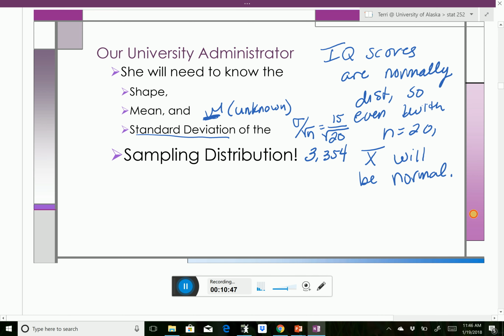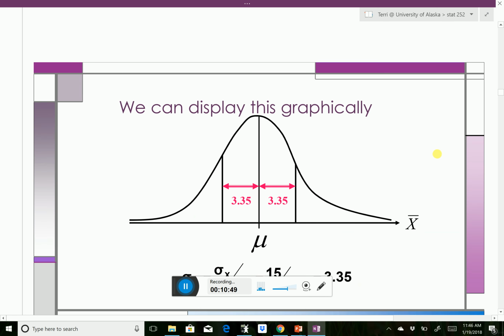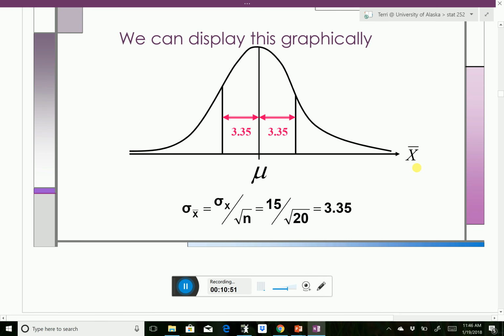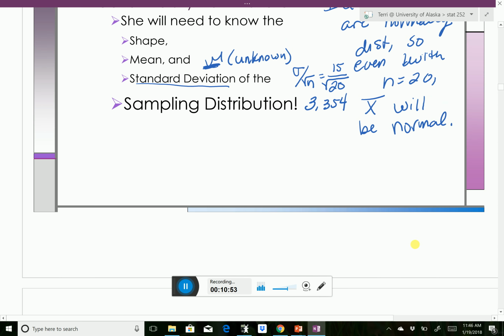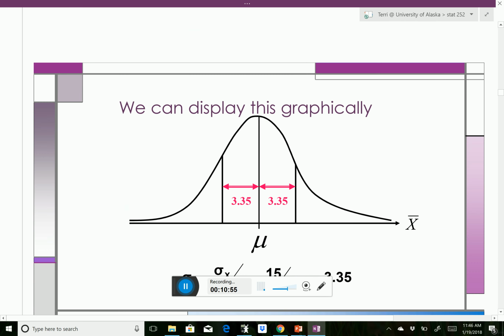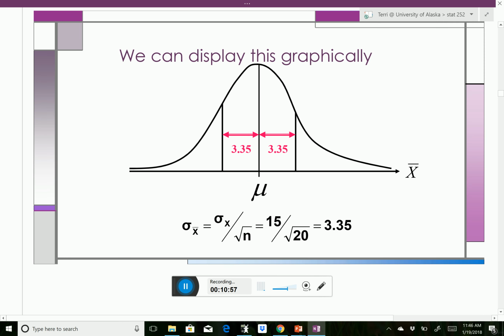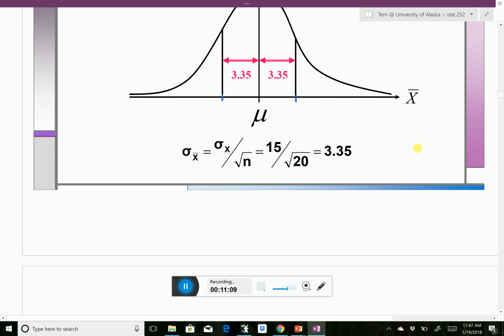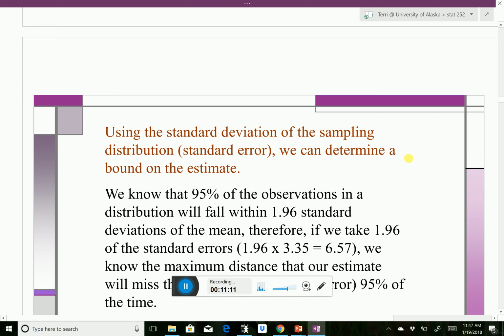So we have all the information we need. So what we can do is we can display this graphically. So I guess they went 3.35, that's fine. So we know that within one standard deviation of the mean, about 68% of our data fall here, within this part right here. So let's look at the next one.